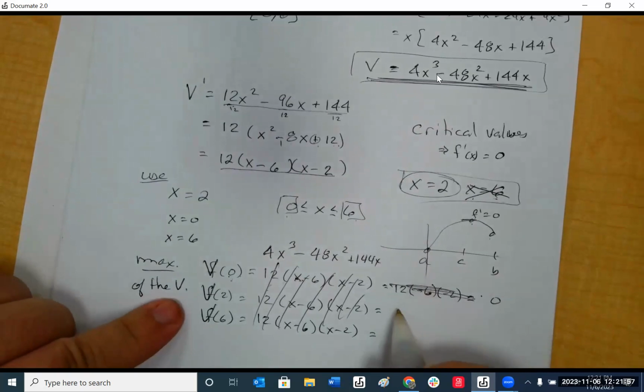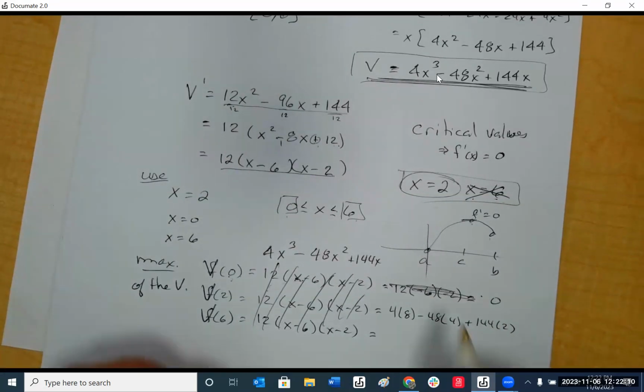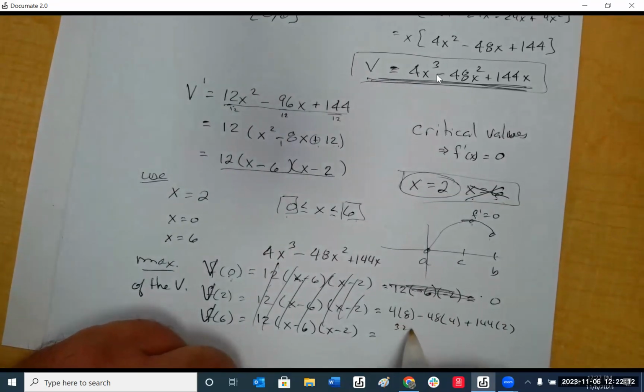If we plug in 2, we'll have 4 times 8 minus 48 times 4 plus 144 times 2. That's 32 minus 192 plus 288.